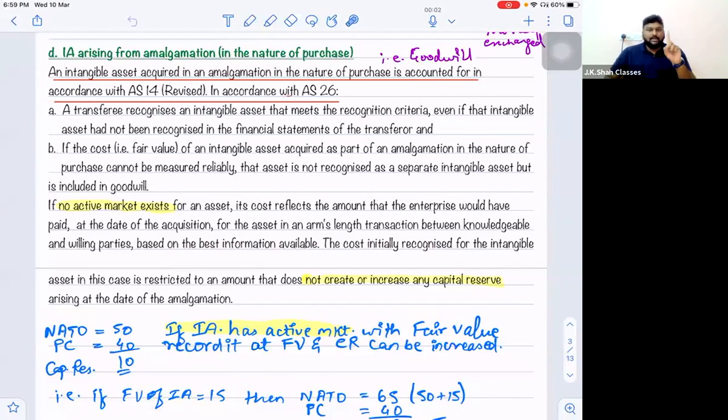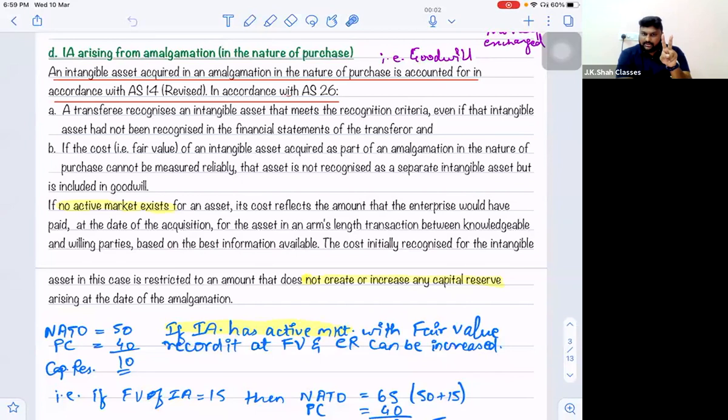Right? Now, point number 1. Sir, as a buying company, I can record the intangible asset in my books only if it meets the asset recognition criteria.